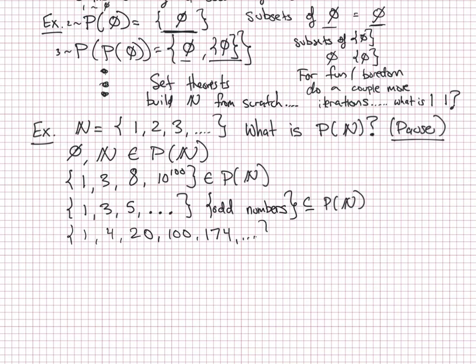There's no pattern, just choose some random numbers. Oops, sorry, so I've already messed up, okay, so I have to erase this. These should have been, the set of odd numbers is an element of the power set, not a subset. Apologies.